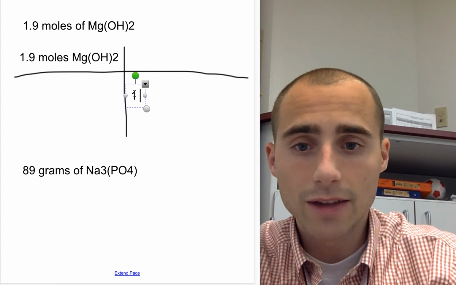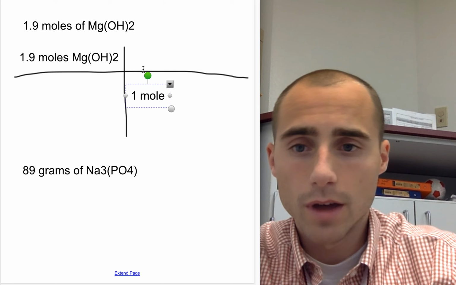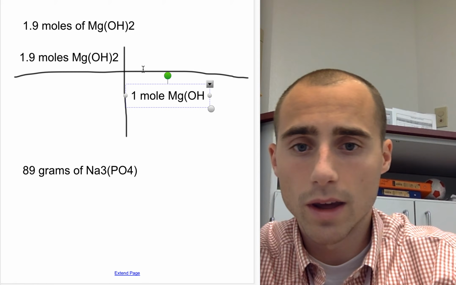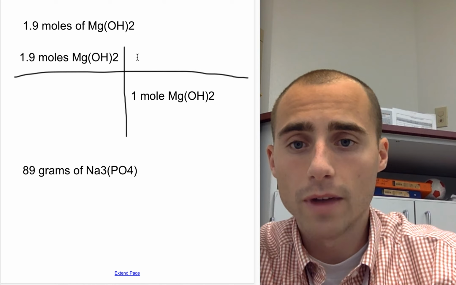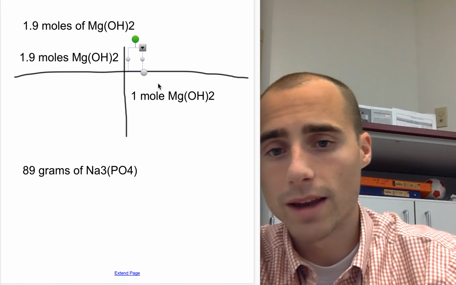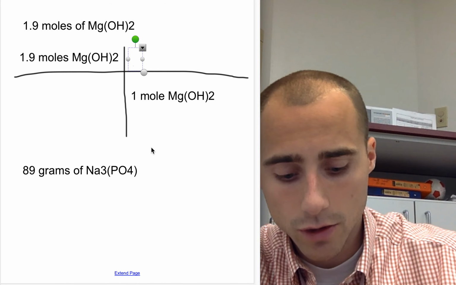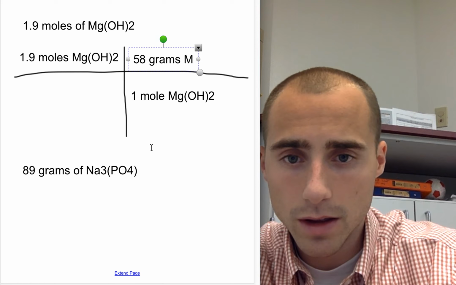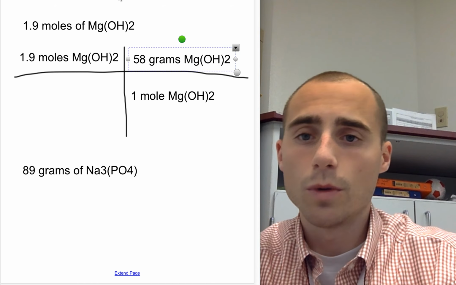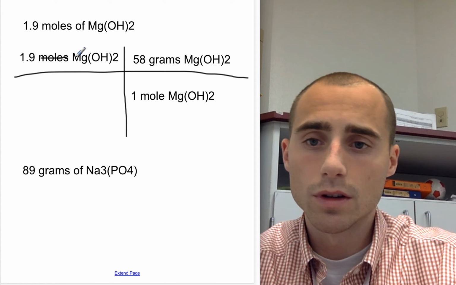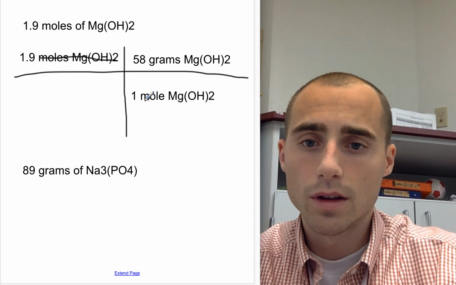On bottom, we've got to cancel it out. We have 1 mole of Mg(OH)2. Always keep your units going. And 1 mole of Mg(OH)2, or magnesium hydroxide, is equivalent to 58 grams Mg(OH)2. And so then all you would do, we have canceled out moles right here, cancel, cancel.